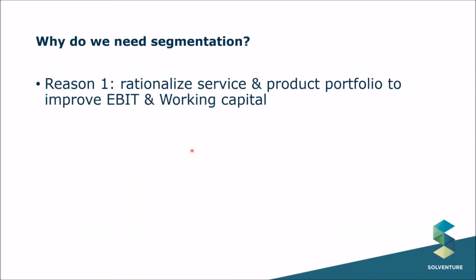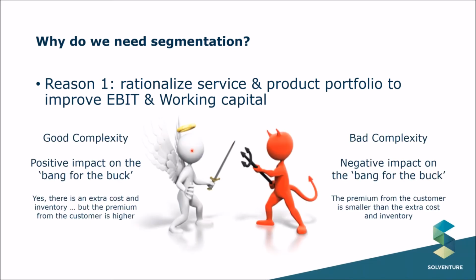So what's the reason why we need segmentation? Well, the first reason is what I showed on the slide before. It's really to rationalize the service and the product portfolio to improve EBIT. So EBIT and working capital, so the cash and the cost. In the end, it's all about good complexity versus bad complexity. And sometimes you will need to take some products out or some customers out.